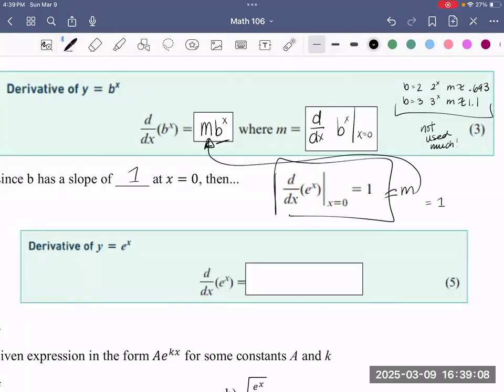Therefore, the derivative of e to the x is just 1 times e to the x, or just e to the x.